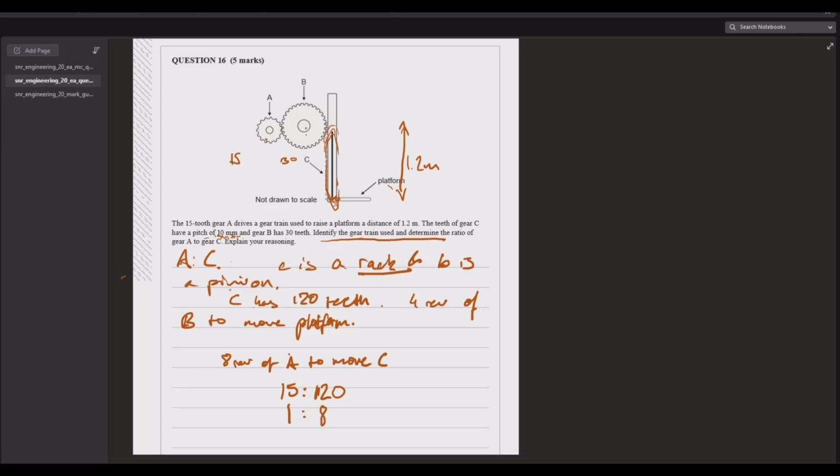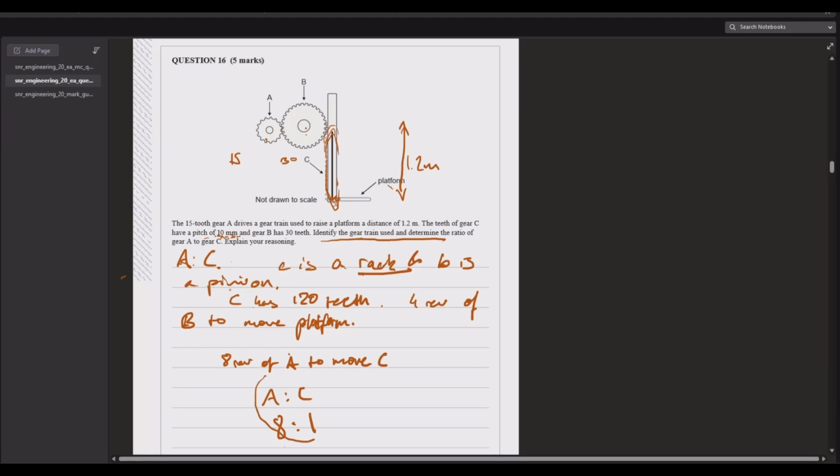Which is the opposite, so that's not the gear ratio. A to C is 8 to 1. I don't know what they're on about with the millimeters. It's wrong. This is what the question's asking for.